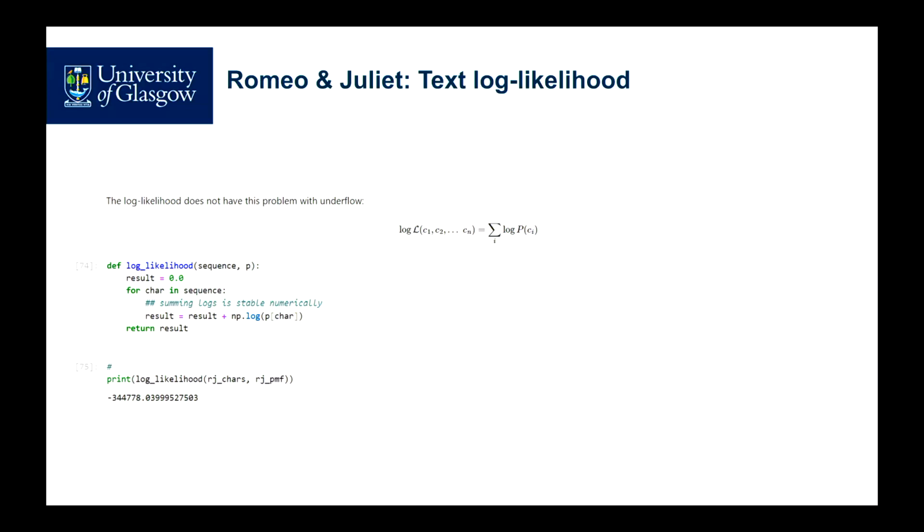So in this case, you can end up with a number that is minus 344,778 and something. The point is that this log likelihood in itself is not necessarily interpretable, but what we can do with them is compare them, okay?